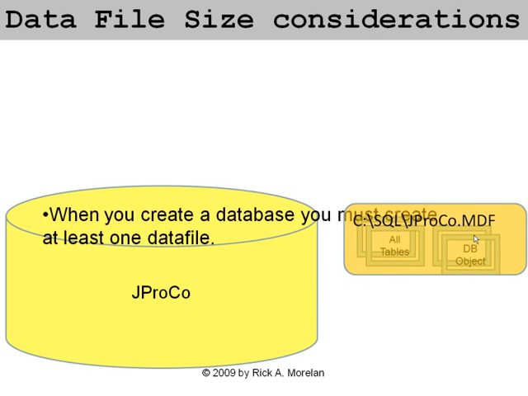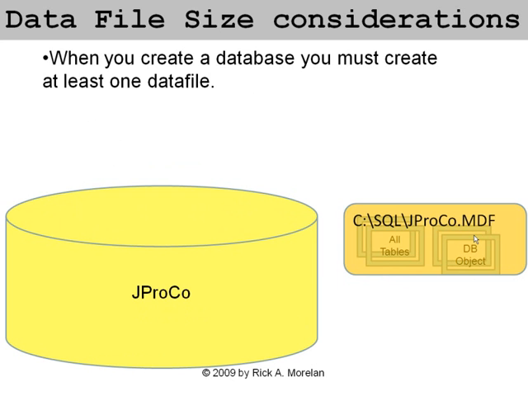So when you create a database, you know you have to have at least one data file. Now, it's a good idea to make sure that data file is large enough even when the database starts out empty. It's kind of like the grand opening of a mall. Why is the parking lot so big if nobody's ever shopped there?